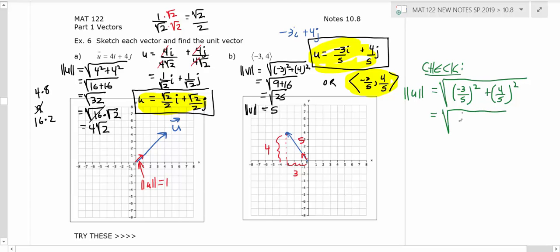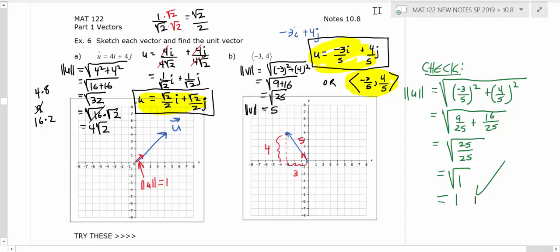This would be 9/25 when you square 3/5. 4/5 times itself would give you 16/25. So don't panic when you see all these fractions. Fractions are your friend. 9 plus 16 is 25, the square root of 25 over 25 is the square root of 1, so it's 1. So I told you, it's a unit vector. Now you believe me.